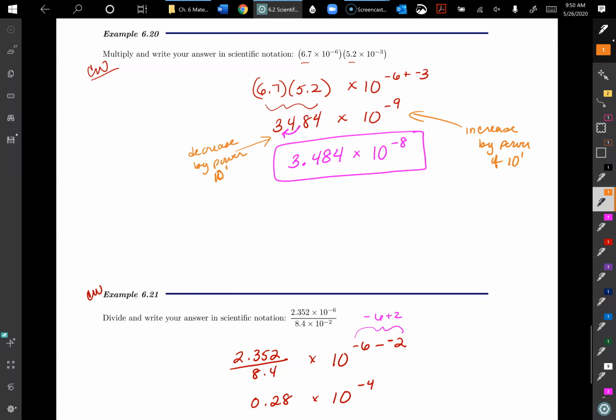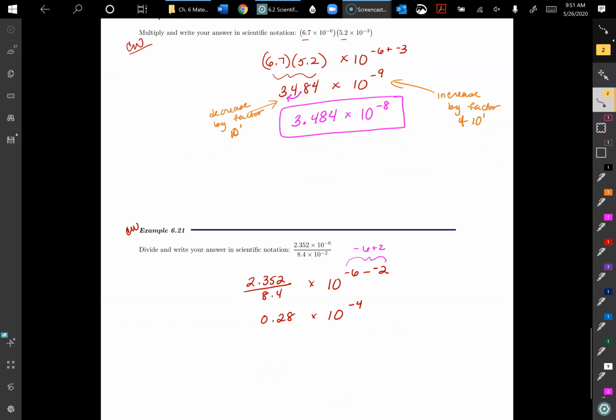Or a factor of 10, you could think of it. Maybe we'll write by factor. The power, the exponent has to increase by 1, which is technically the factor 10 to the 1. So this will be our final answer, and that is all good.